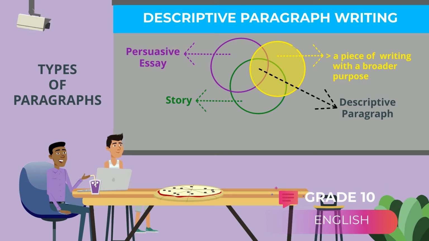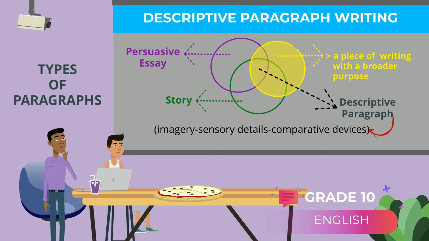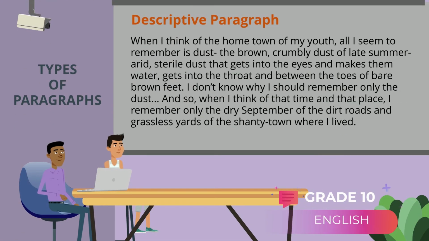The challenge is to make it interesting with the use of imagery and sensory details, and with the use of comparative devices such as the simile and the metaphor. Let's read an example of a descriptive paragraph. Here we go.